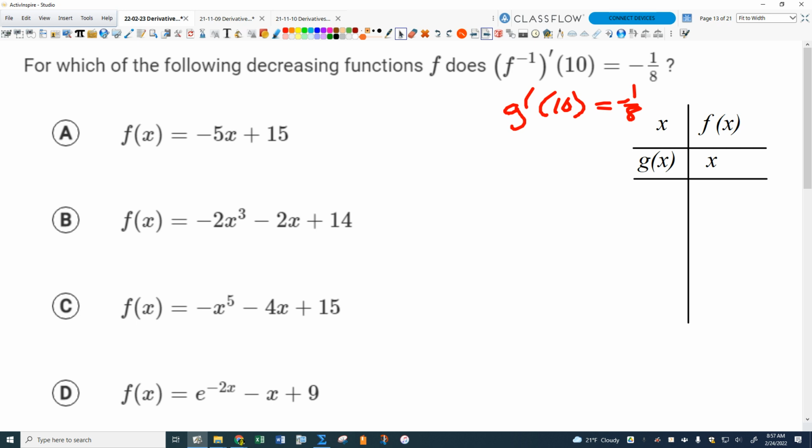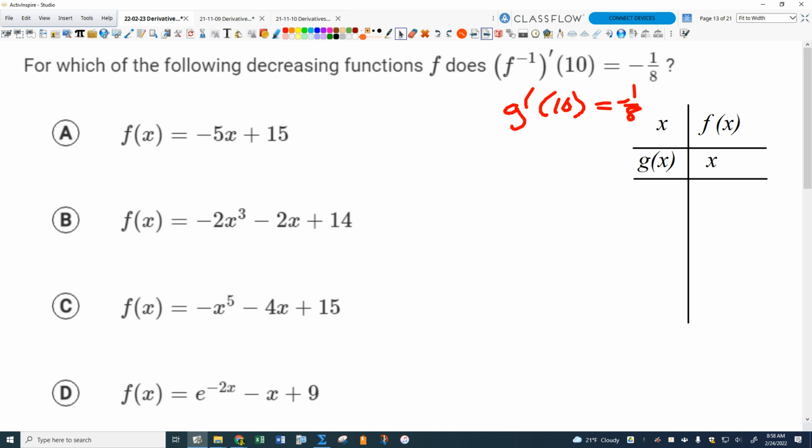So we'll go down the line here, and take each of these one at a time and see which of these works. Let's try to quickly memorize this. See if you can write down, for the function f, what is the derivative of its inverse g? g prime of x is equal to what?